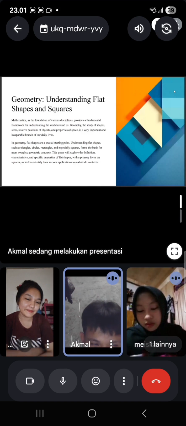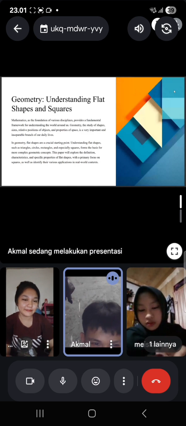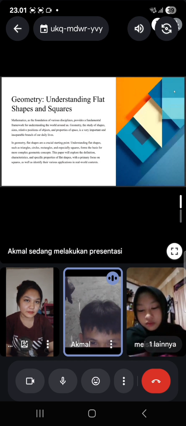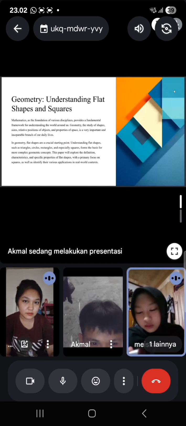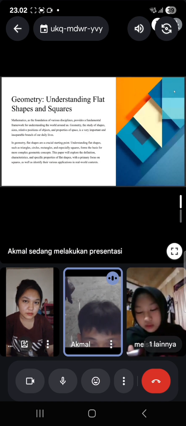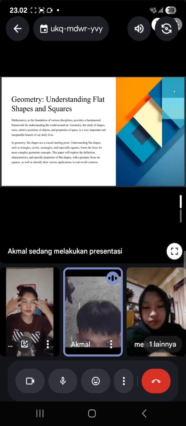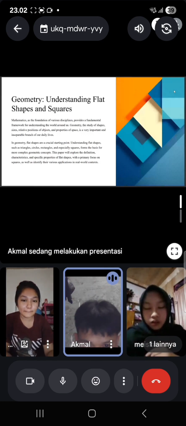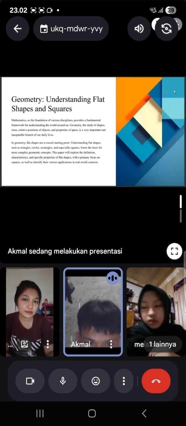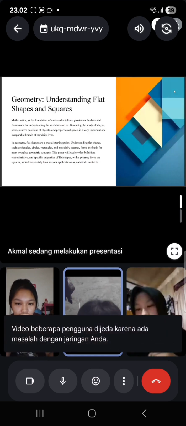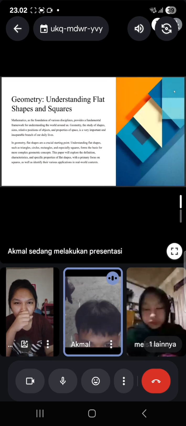In geometry, flat shapes are a crucial starting point. Understanding flat shapes such as triangles, circles, rectangles, and especially squares forms the basis for more complex geometric concepts.